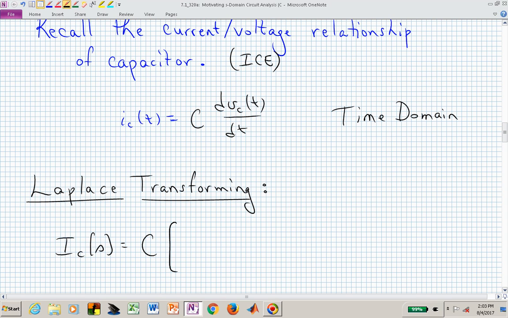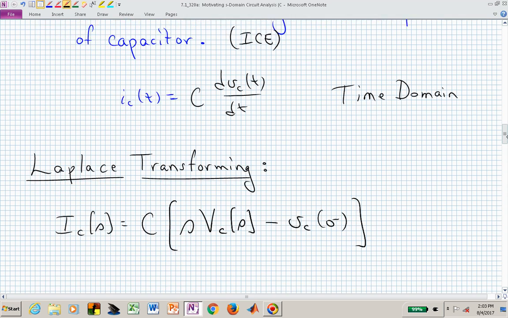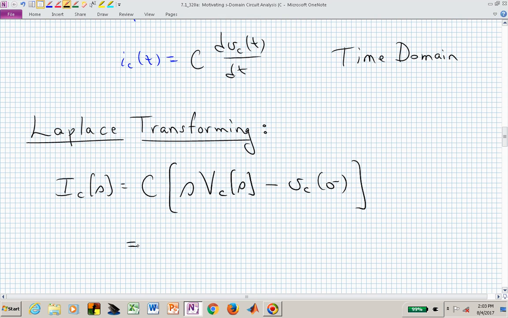The Laplace transform of a derivative is s times the Laplace transform of the voltage minus the initial condition on that particular voltage, which we indicate as v sub c of 0 minus. If we distribute that capacitor value through the two terms on the right-hand side, then we have SC that scales V sub c of s, minus C v sub c of 0 minus.